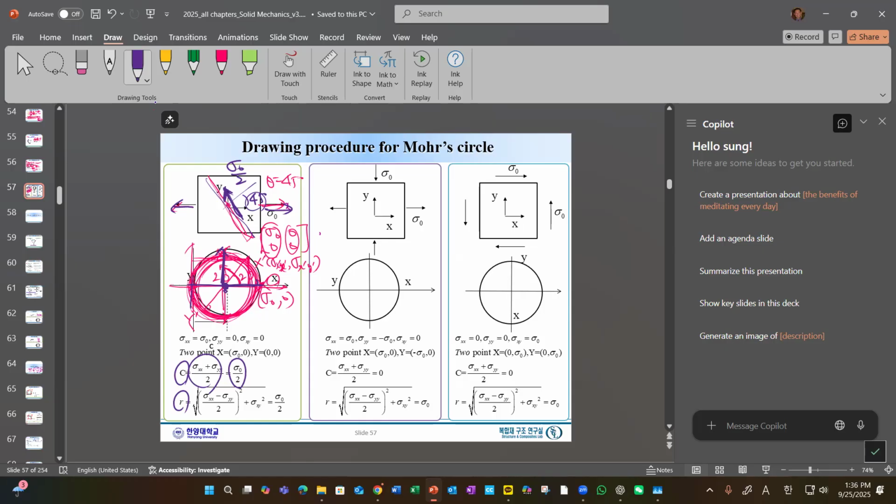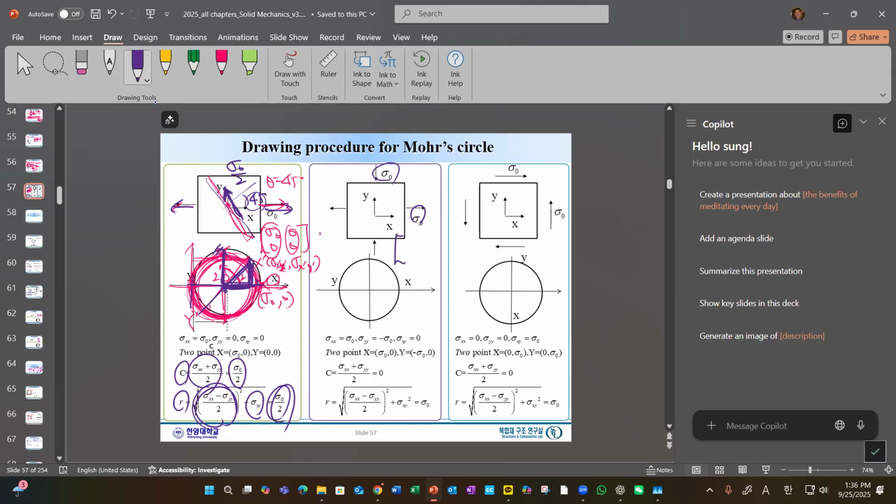Well, you may forget this equation, but you can always see that this is this guy, and this is the vertical line. We have a radius, so you can simply get this one. So here it represents the maximum shear, and now on to a different case.